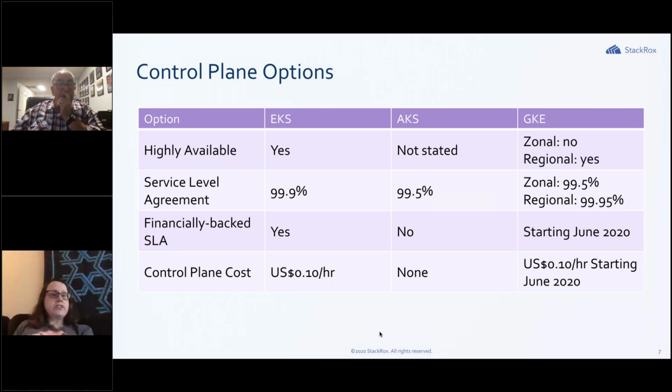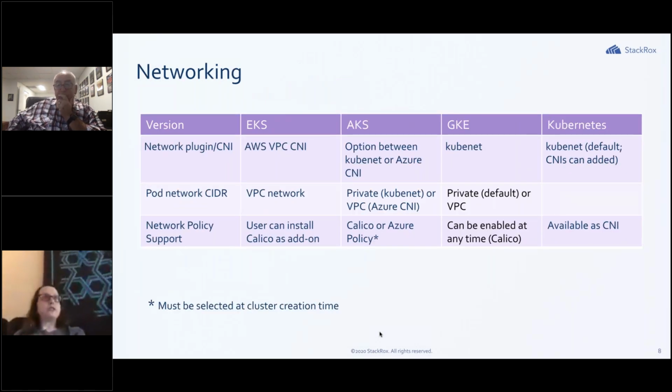Excellent. Networking, cluster networking. The Kubernetes cluster network is highly virtualized by default. But at this point, the default plugin is called kubenet. This has been around for a long time.